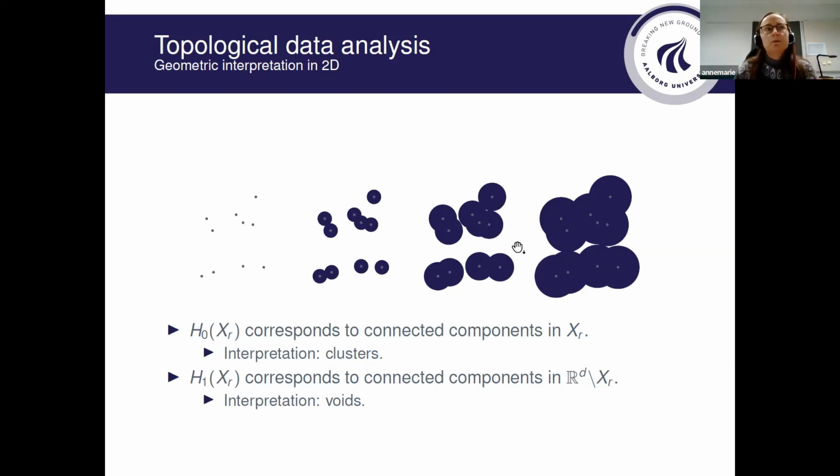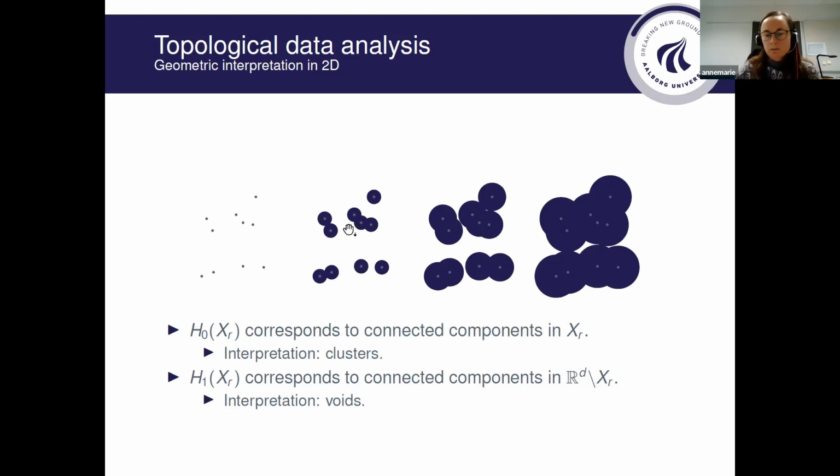So these connected components should have some interpretation as clusters. The connected components are measured exactly by H0. And in 2D, we also have H1, which measures the connected components in the complement of the balls.